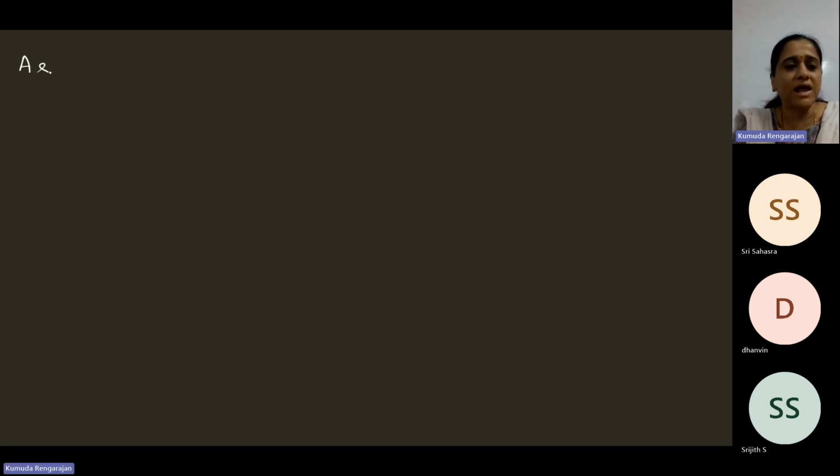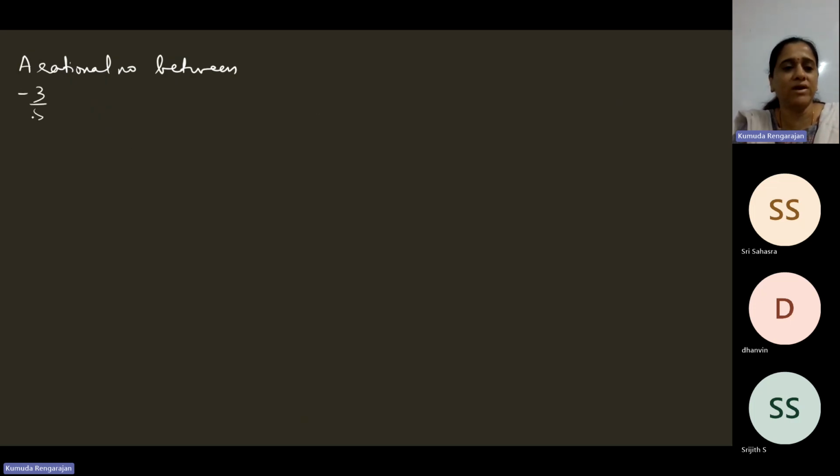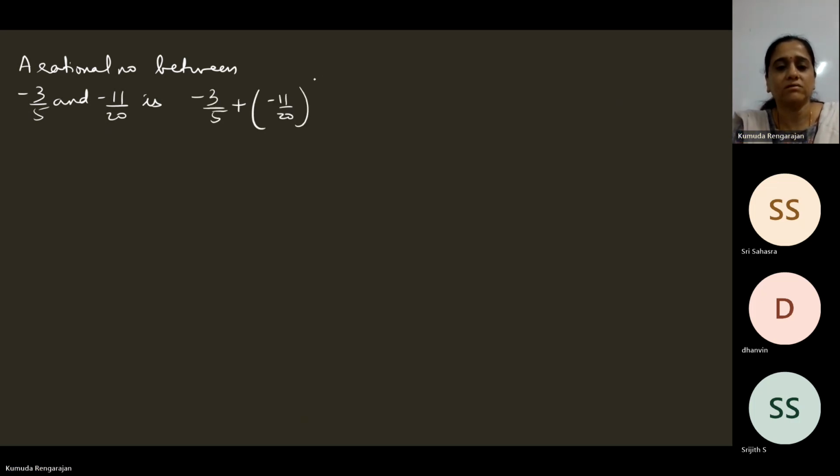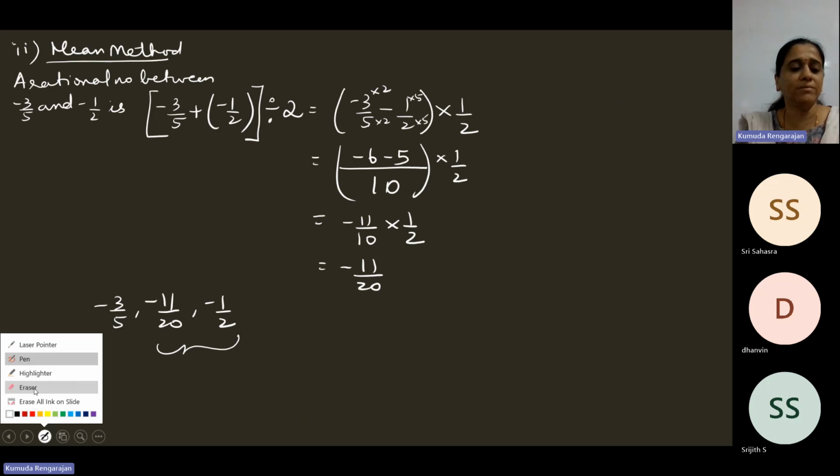A rational number between minus 3 by 5 and minus 11 by 20 is: add the two numbers, divided by 2. Take any two numbers. You can take these two also if you want. Take any two numbers and divide by 2.